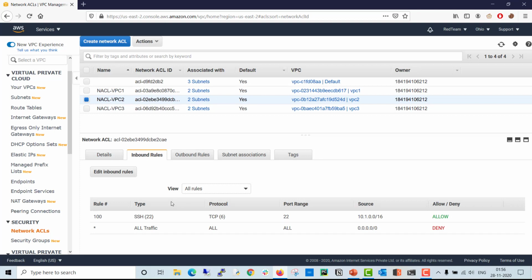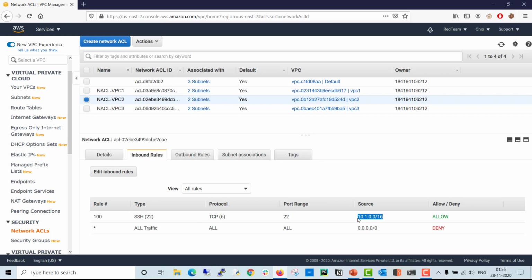So we are saying it's at the VPC level. And the outgoing rule is allow. That means whatever instance in this VPC can access anything, but nobody can access other than port 22. So this is how you can define it.